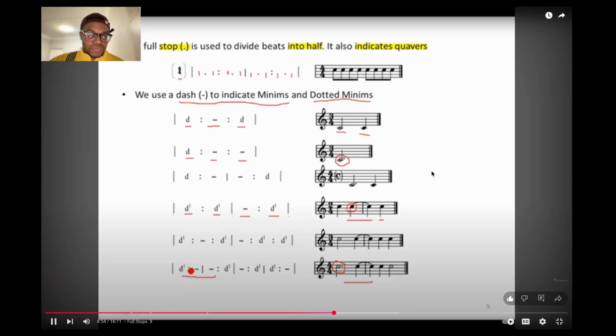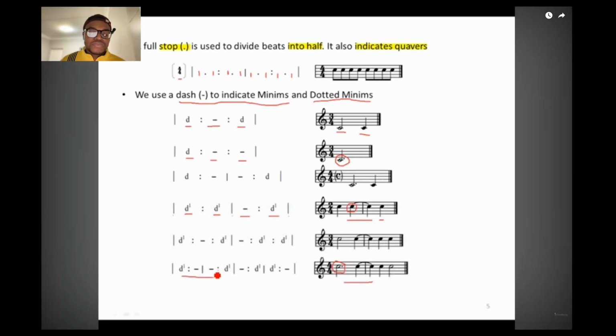It starts in this beat, then over to the next beat, and the next beat, which will make 3 crotchets. Then we have this crotchet, which has a slur. It's indicated by a dash over the bar line. And then do.